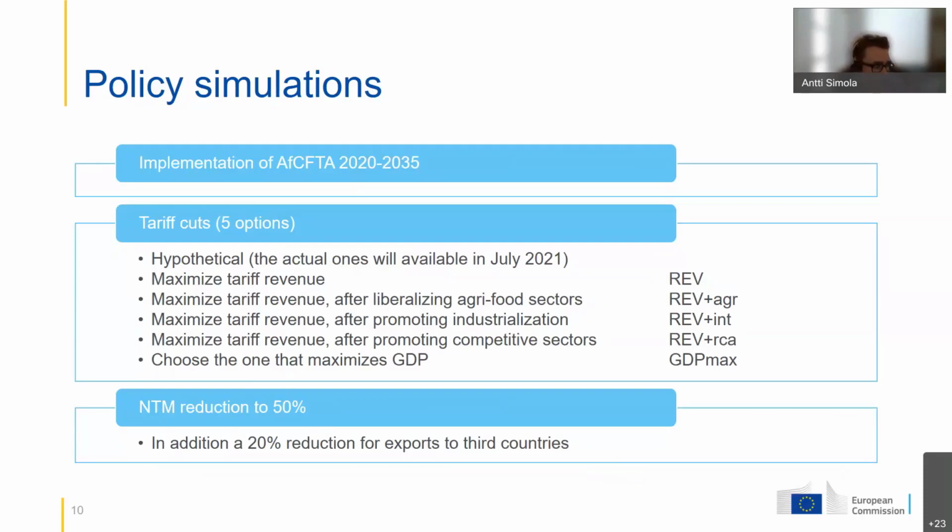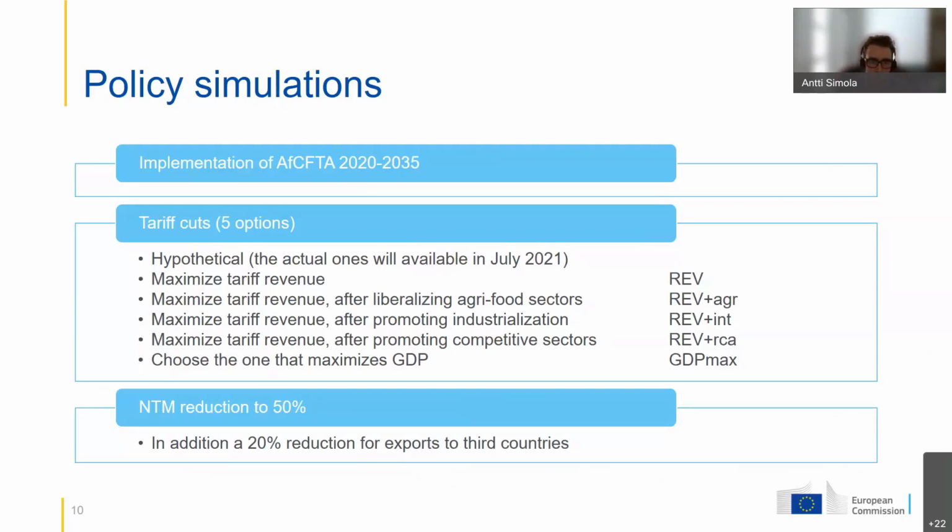For that, we have assumed that sanitary and phytosanitary measures and technical measures are not rent generating, and therefore we model them as iceberg costs. The remaining NTMs we model as ad valorem equivalents. It's good to know at this point that this is definitely the trickiest part to model, because there's so much uncertainty about how the NTMs will turn out in the AfCFTA.